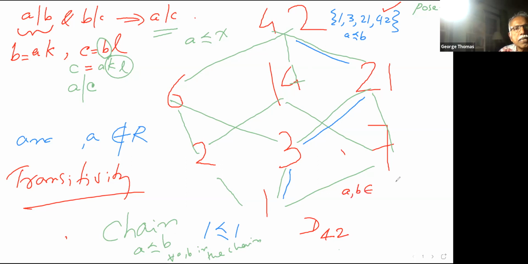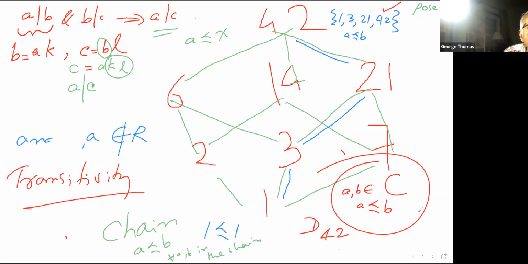A, B in the chain, call this a chain. I can say that A is related to B. That is called a total order.